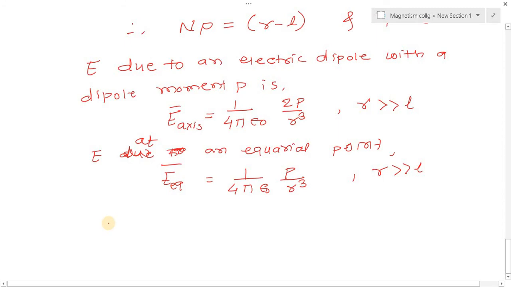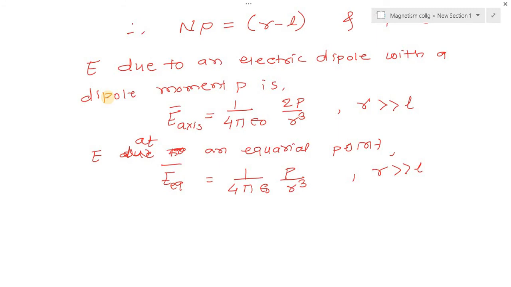Now, using the analogy between electric and magnetic field, let's see what the analogy is. In electric field, electric charge is there; in magnetism, magnetic pole is there. So in electrostatics, electrostatic charge is similar to magnetic pole in magnetism. In electrostatics, electric field is denoted by E bar; similarly in magnetism, B bar is there.